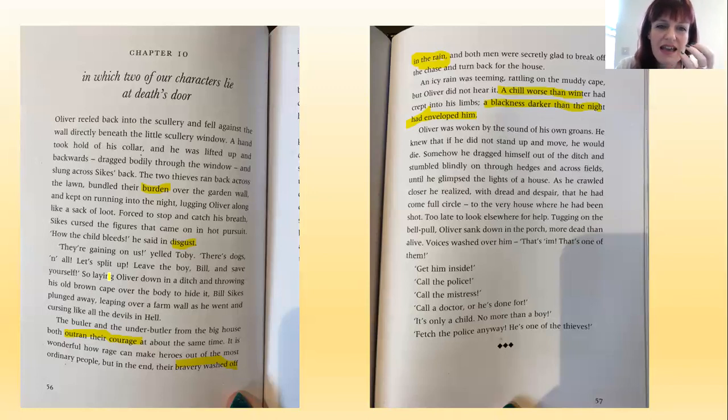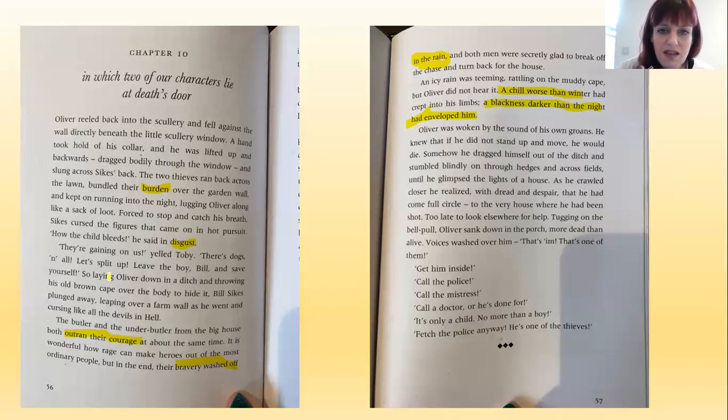Okay, so in those ways, using those skills, we've been able to decode what's going on in that scene. The fact that Sykes and Crackit care not about Oliver. He is a burden to them. He is a problem. They can't leave him behind because they're worried that he'll tell the police and the people in the house what's going on.